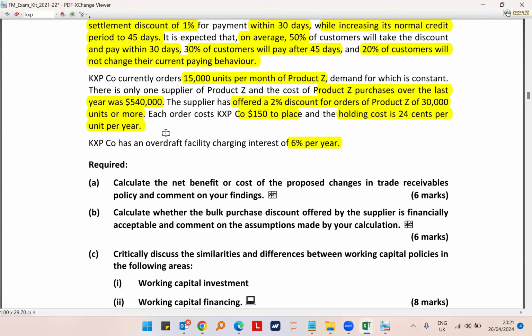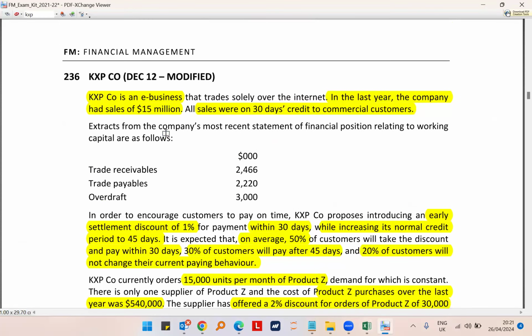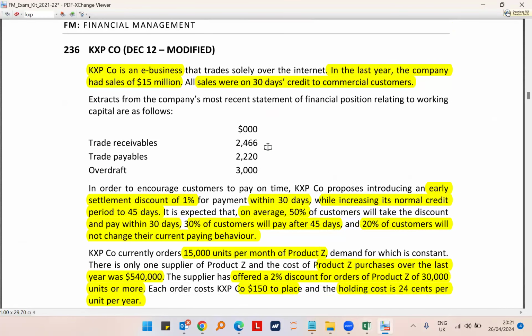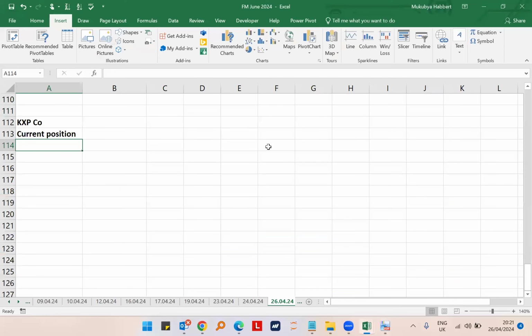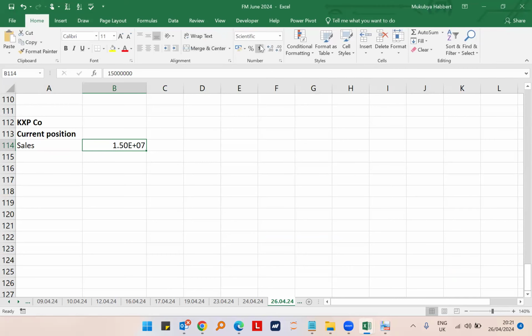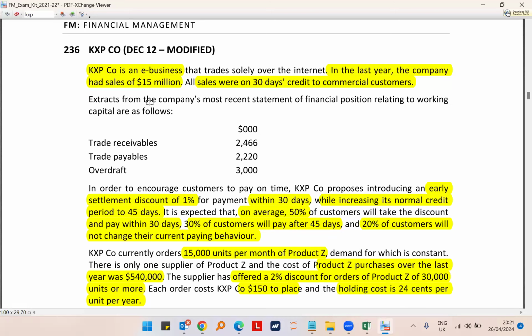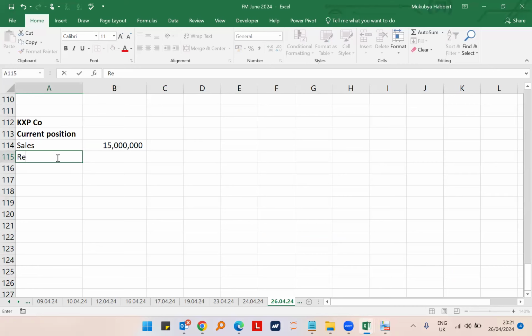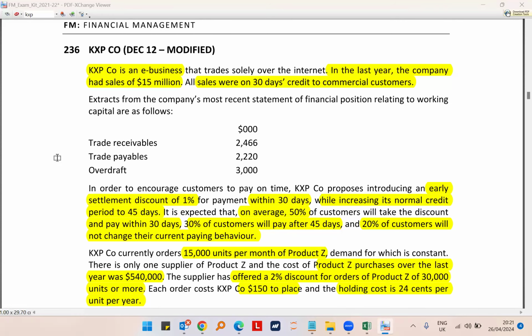So for KSP, the current position is receivables of $2,466,000. Remember that sales are 15 million.